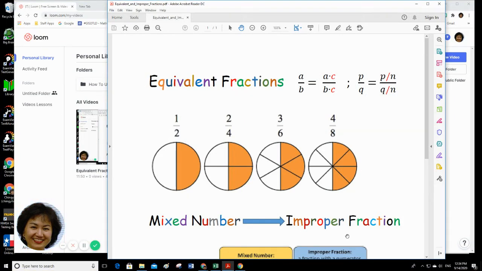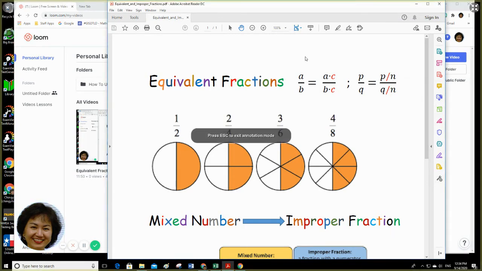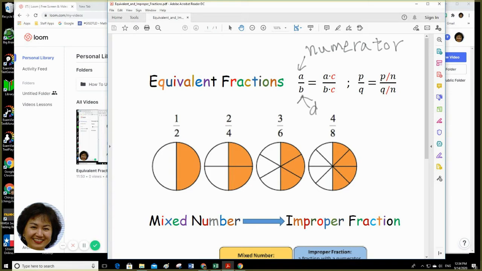Now, the top part of a fraction is called numerator, N-U-M-E-R-A-T-O-R. And the bottom part is called denominator.